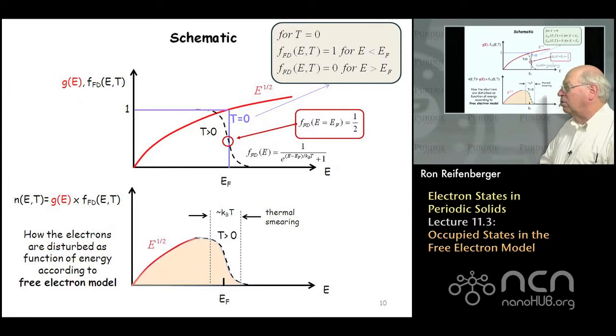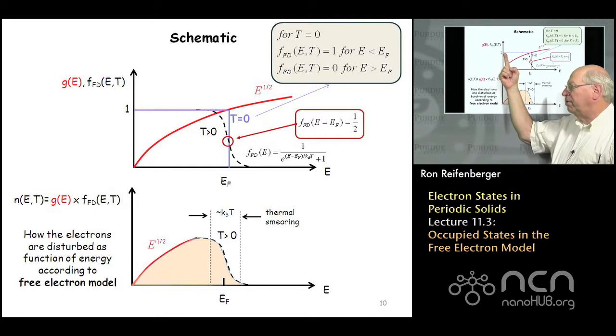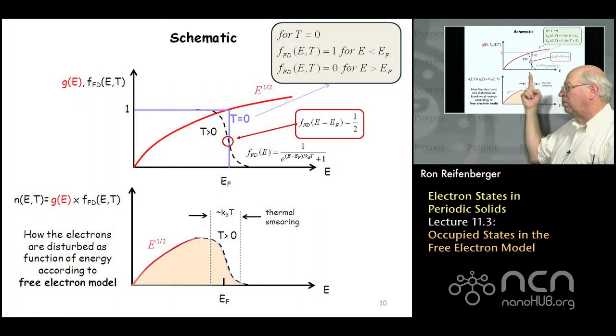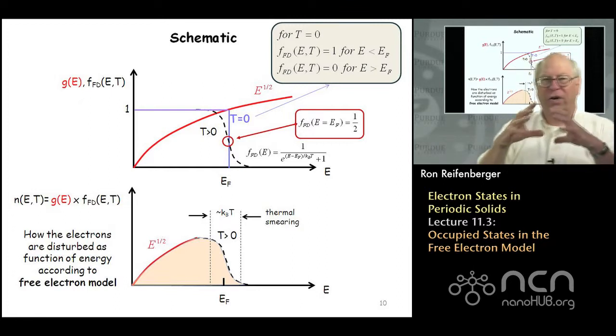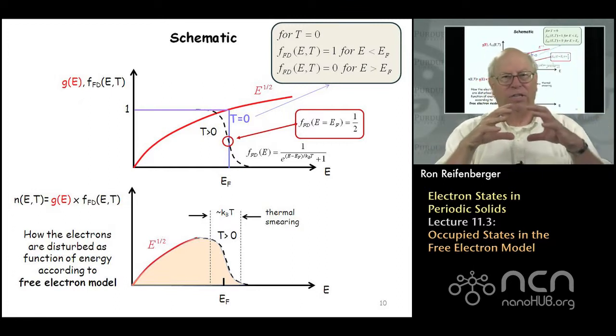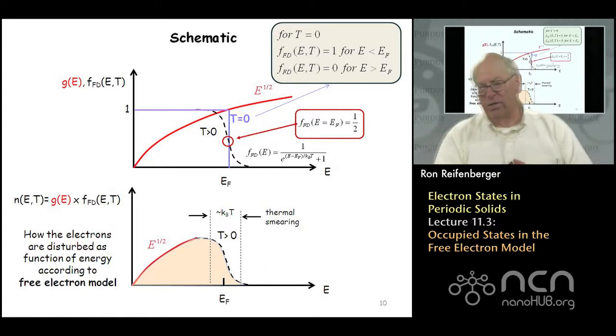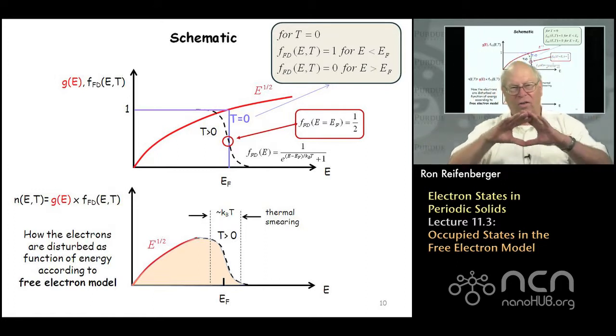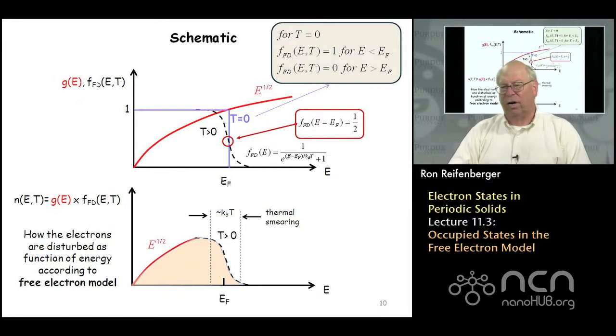At T equals 0, at 0 Kelvin, the Fermi-Dirac distribution function is unity all the way up until E is equal to E sub F. Then it drops abruptly to 0. And this gives rise to this very sharp demarcation between filled and unfilled states that we discussed at the beginning of the lecture. All that discussion was for T equal to 0.